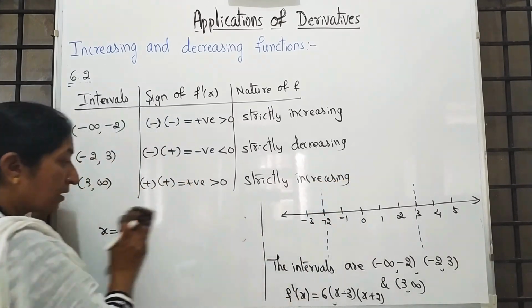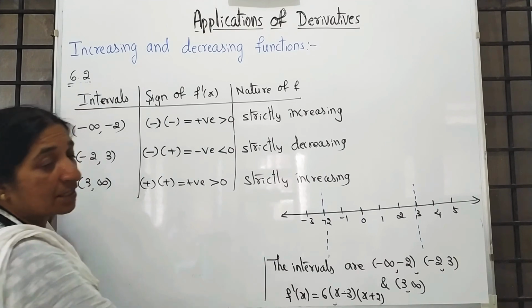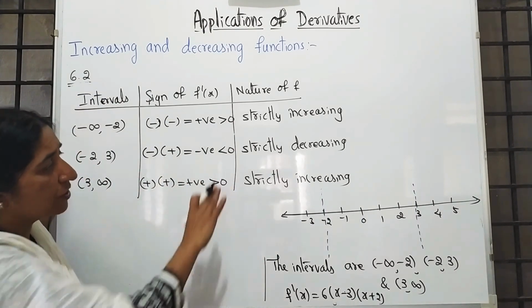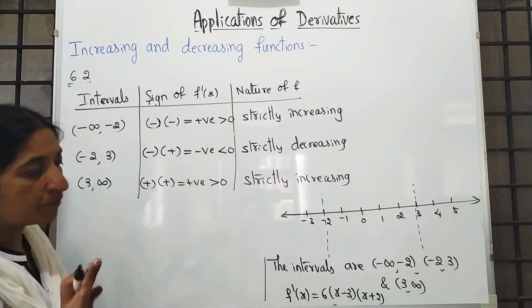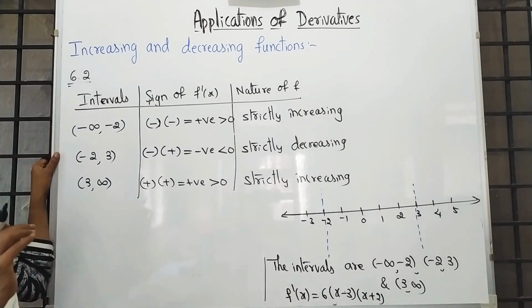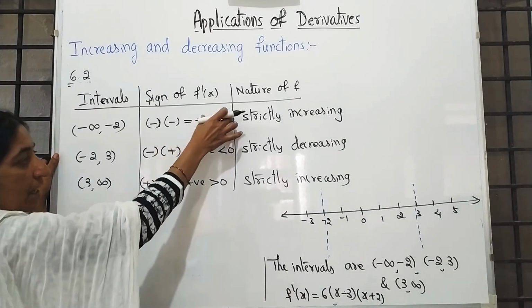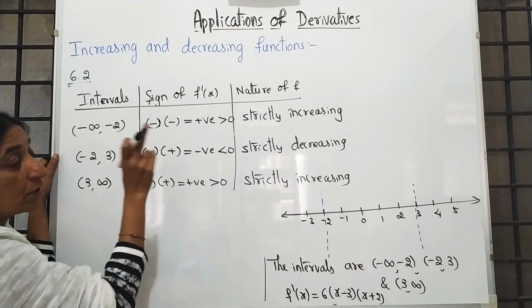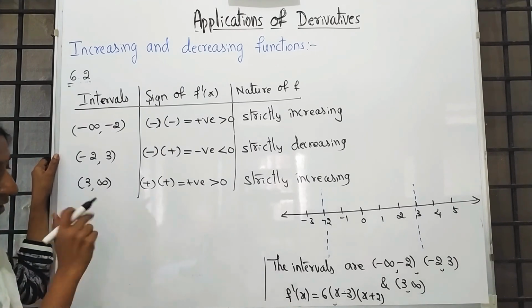Really, if you are very much interested in the mathematics, write down one more line. Otherwise, if you have confusion, stop here, you will get full marks. We can combine the first one and second one. Why? In the first and third intervals, the function is strictly increasing.